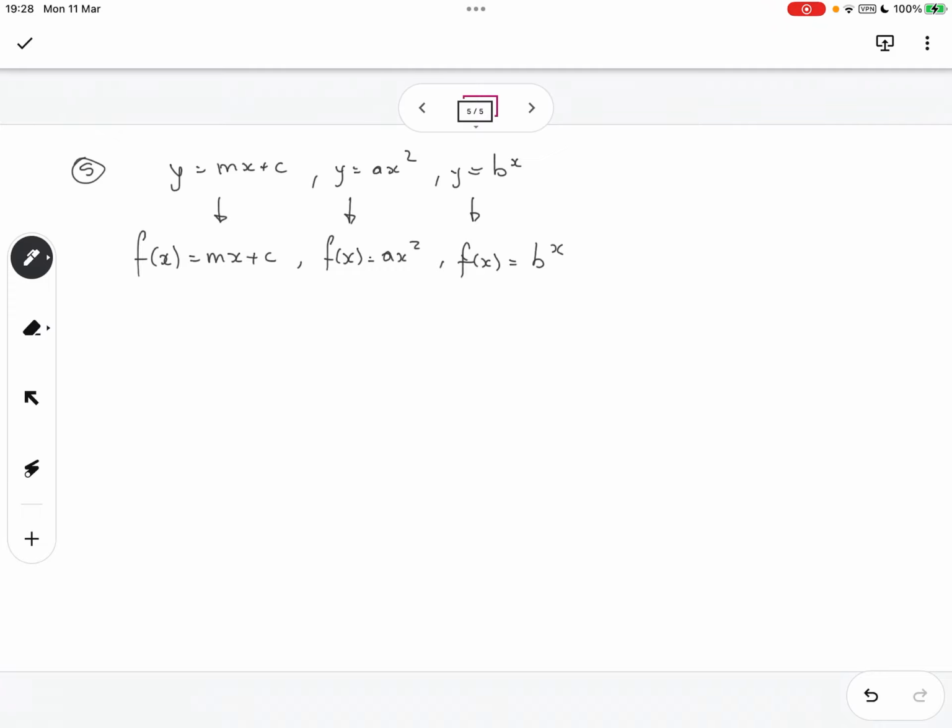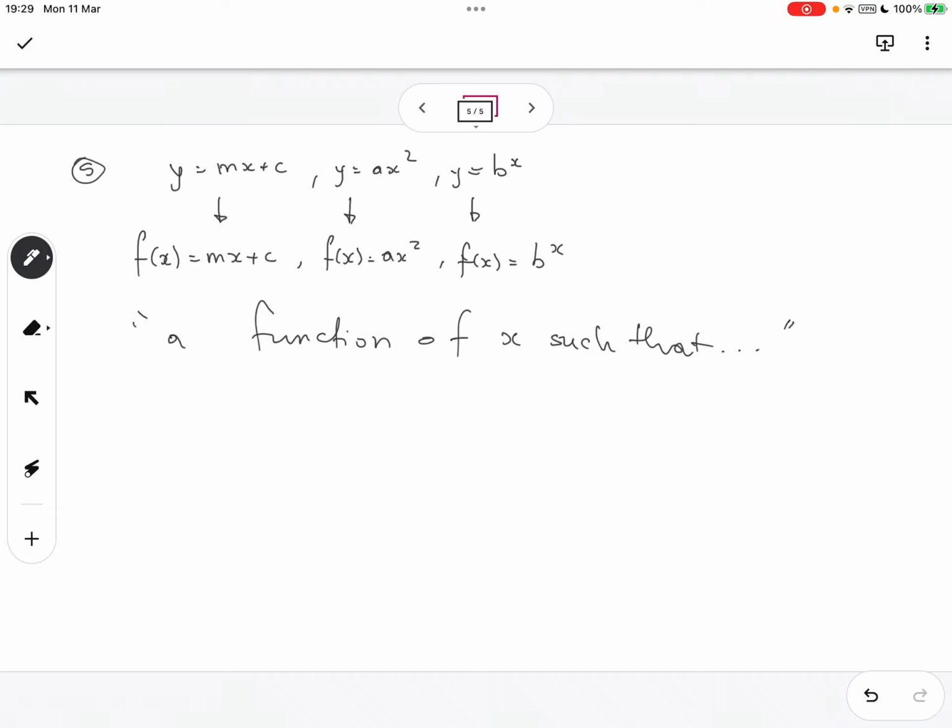And what this just means is a function of x, such that, and then you read out what's on the other side of the equation. That's typically the language used.